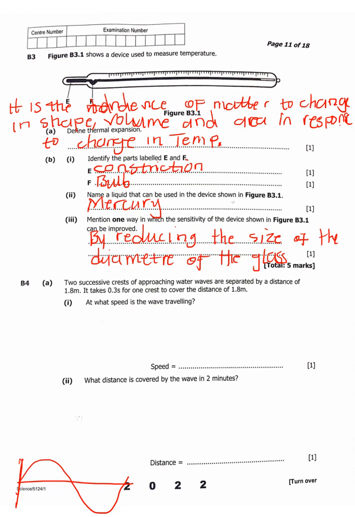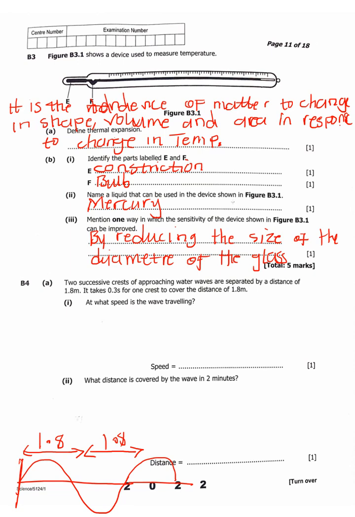So we are told two successive crests of approaching water waves. We may have another one if we want. So this successive one is covering a distance of 1.8. So another one will cover the same distance. So here we have 1.8 meters.